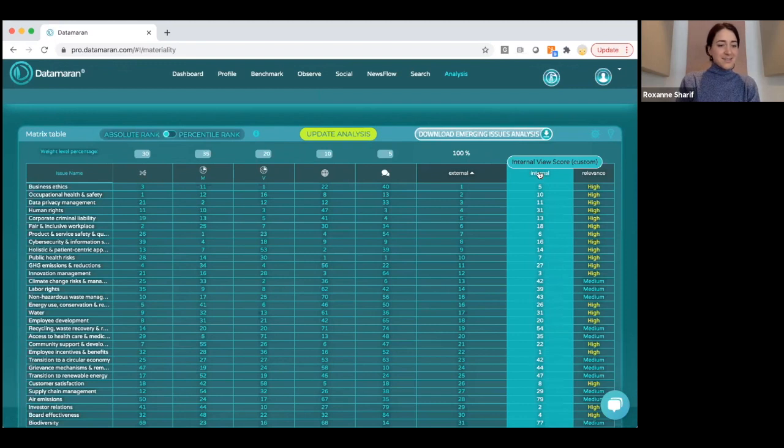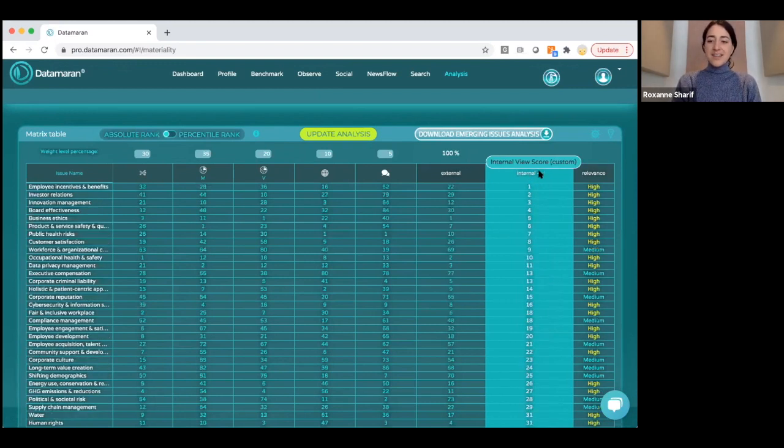So we'll sort now and we'll see what the data tells us. So in fact, it is actually employee incentives and benefits that is the number one issue, perhaps from a financial material perspective. So I think clients use this to really make decisions backed by data.